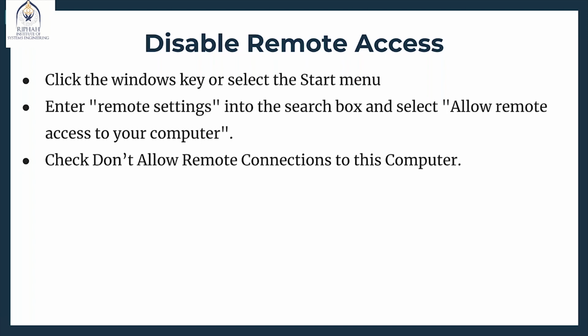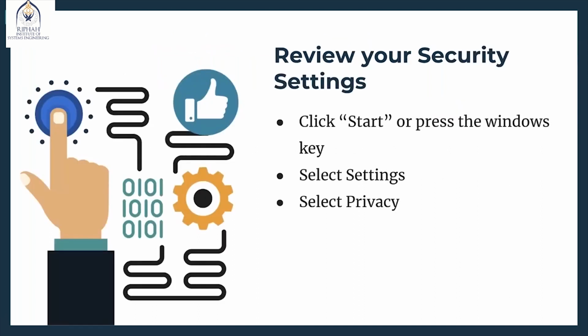Windows 10 comes with Remote Desktop already installed. Disabling it is similar to previous versions of Windows, and you can use the Cortana search box or hit the Windows key and enter Remote Settings. Select Allow Remote Access to your computer. This may seem a little counterintuitive, but this actually opens the Control Panel dialog for the System Properties. Check Don't Allow Remote Connections to this computer. This will disable remote access.